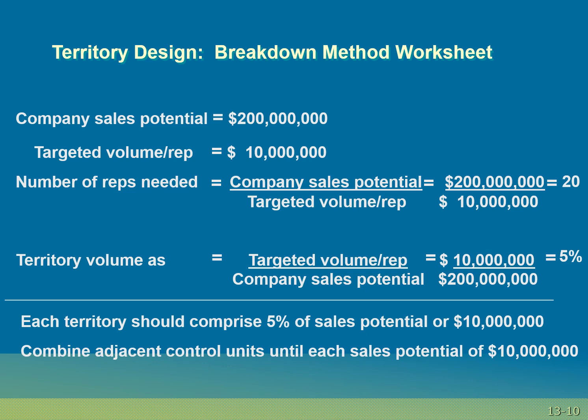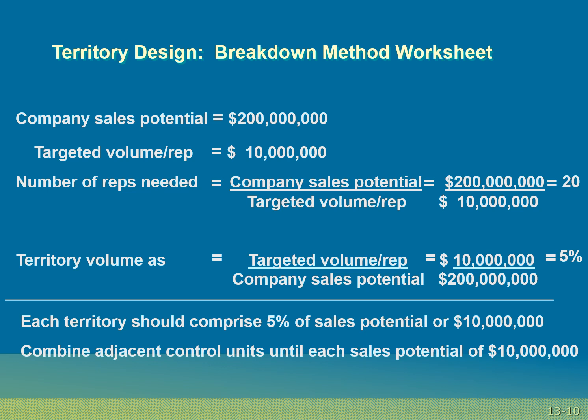The territory volume equals the target volume per rep divided by the company sales potential. That's $10 million divided by $200 million, which gives you 5%. So each territory will cover about 5% of the total company volume.